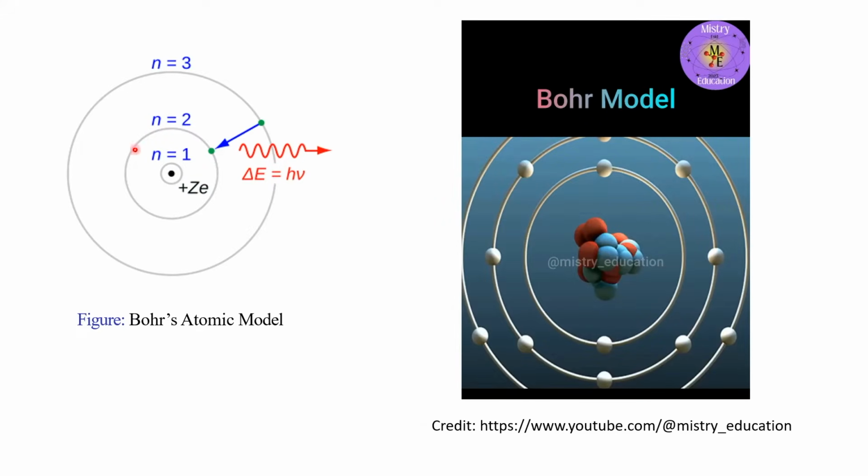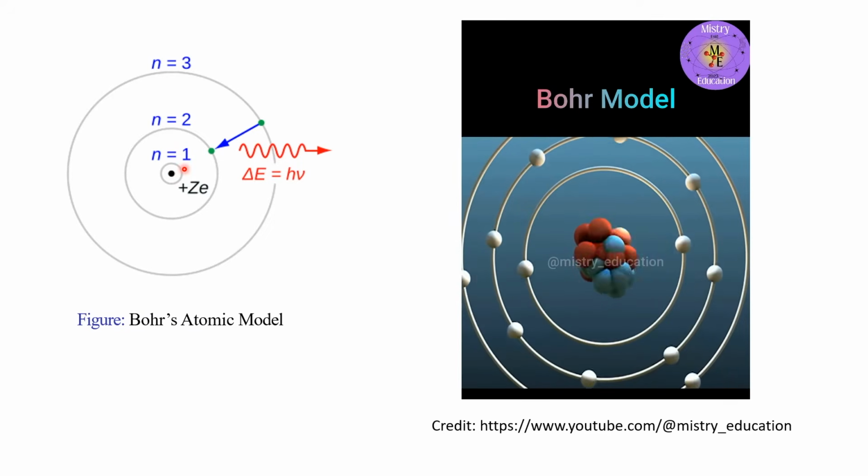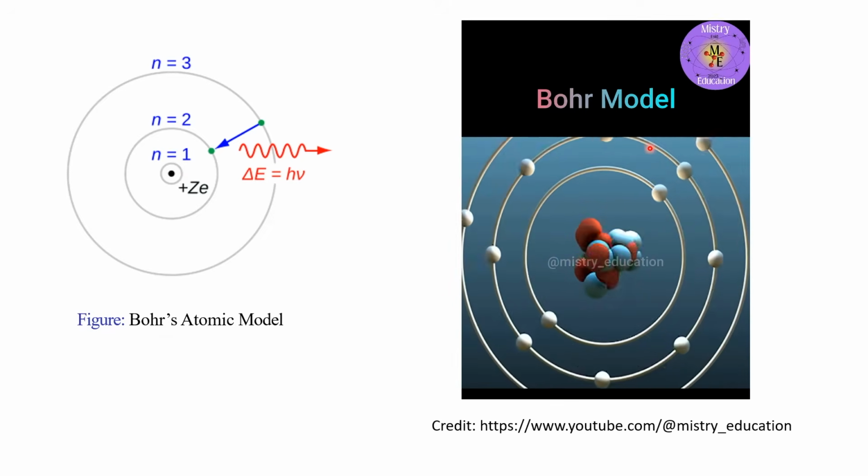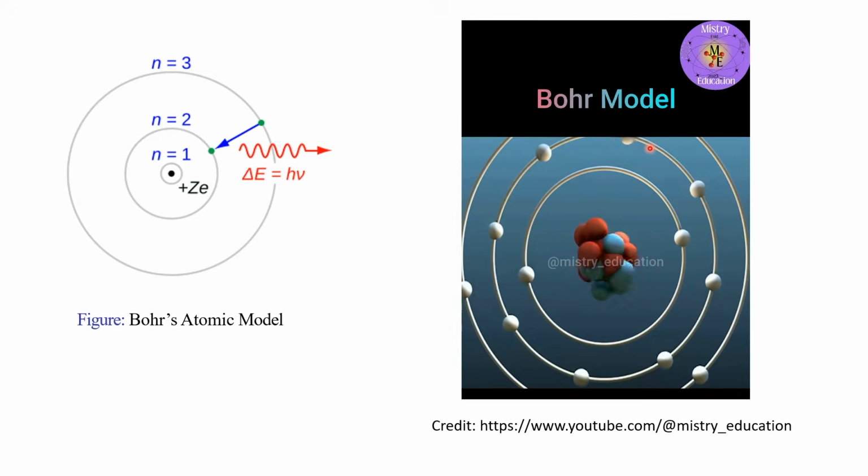So electrons can move in different orbits. This is n equals 1, this is n equals 2, and n equals 3, and this is the nucleus. And here you can see in this video the nucleus, and the electrons actually moving in different orbits.